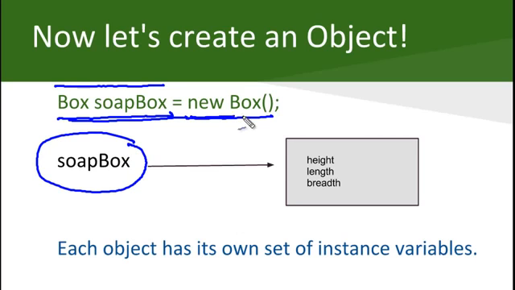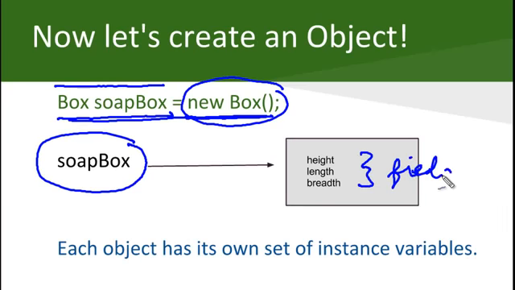And when I write new Box(); with the class name and the open close parenthesis and a semicolon, this whole statement is creating an object with its set of fields or instance variables, and the reference variable soapbox is referring to this object.